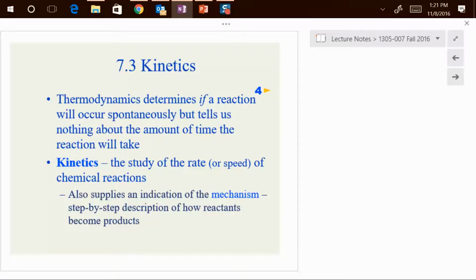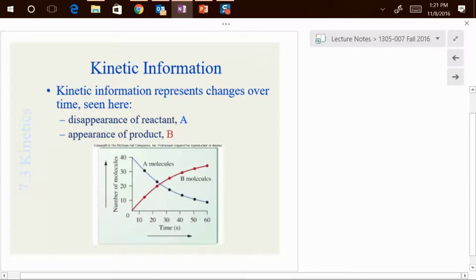Okay. So some reactions go really fast. Some reactions are very slow, like rust. Rust doesn't just happen immediately, right? That's a fairly slow process. So there's a kinetic measurement associated with that.